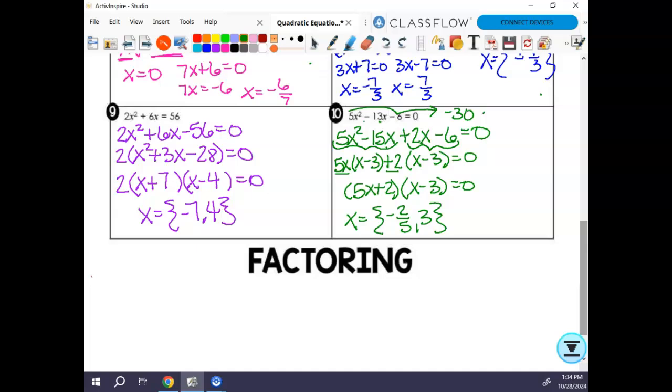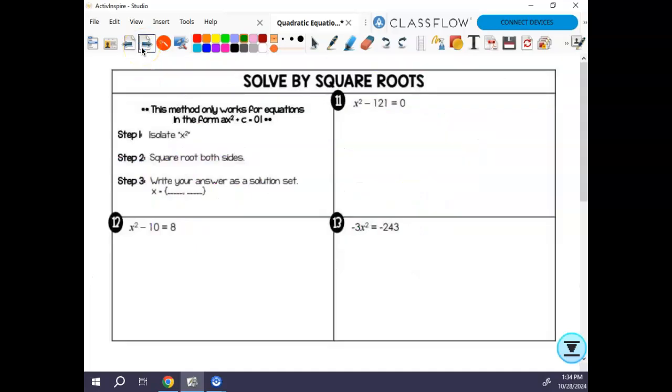All right, let's move along to solve by square roots. So this method only works for equations, and before I changed the font, I was trying to change some things and it wouldn't let me.